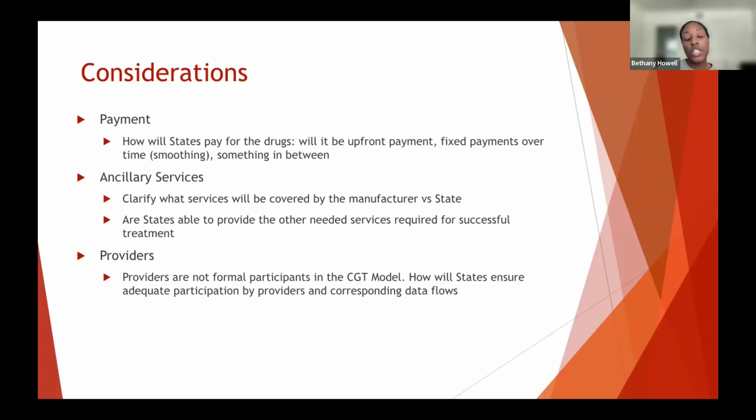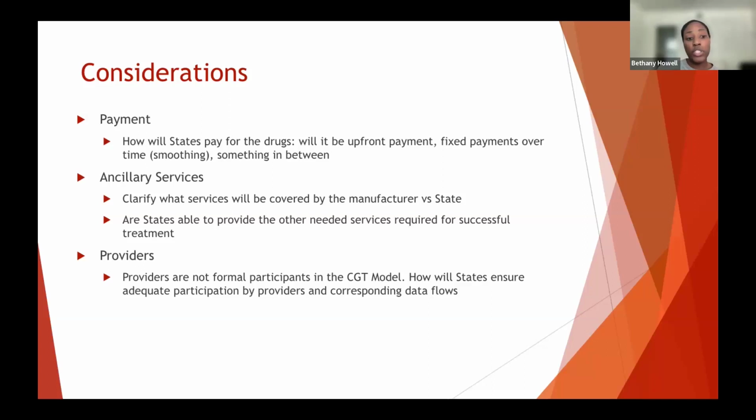Another important consideration is ancillary services. So we really want clarification on what services will be covered by the manufacturer and what services will be covered by the state. And if states are going to be able to provide additional services that are required for successful treatment. So thinking about things like transportation or other therapies that are involved while someone's undergoing a gene therapy treatment.